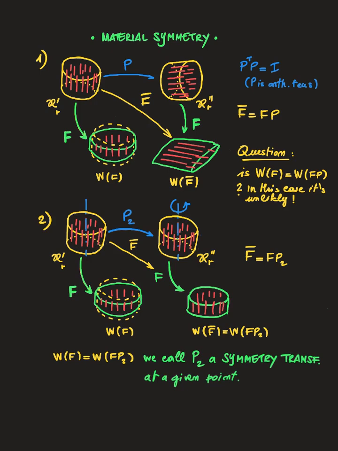And of course, in the first example that I did here, the transformation P, which I could now call P1, and I should put 1 everywhere, P1. Clearly P1 is not a symmetry transformation, but P2 is a symmetry transformation.